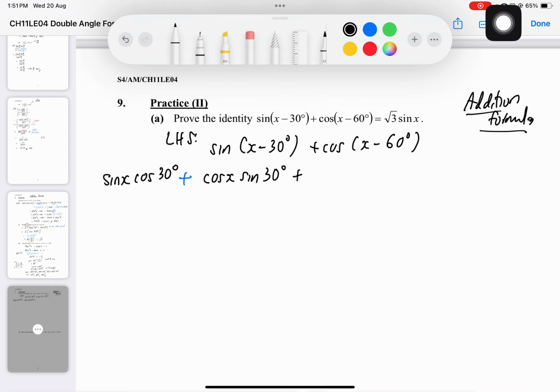Okay, so cosine, cos x, cos 60, minus becomes plus, sin x, sin 60 degrees. Okay, let's simplify. What is cosine 30?